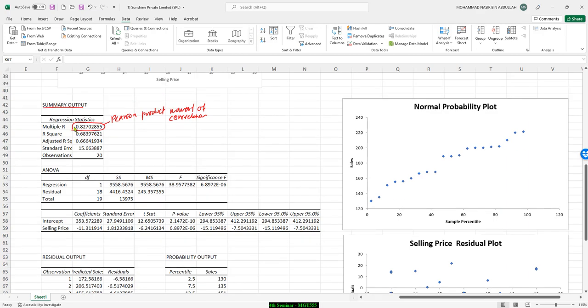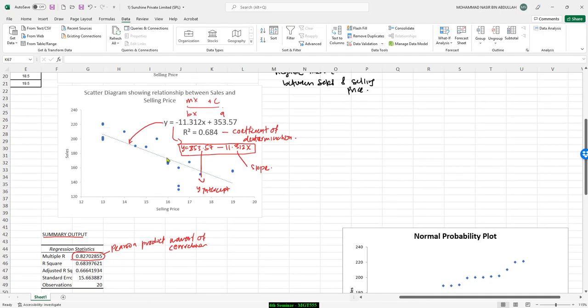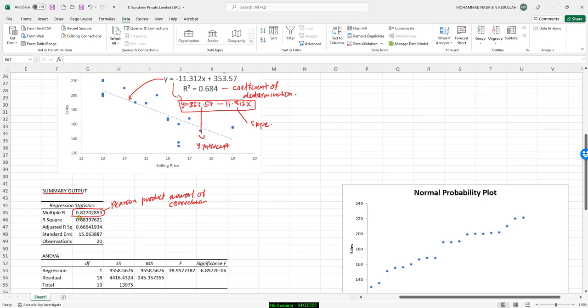The sign is not true because if you look at the scatter diagram, it shows a negative relationship, but the R value is positive. Kita tak boleh rely on the sign untuk R value ni. Kita kena tengok dengan scatter diagram. So since the scatter diagram shows a negative, it should be negative 0.82.